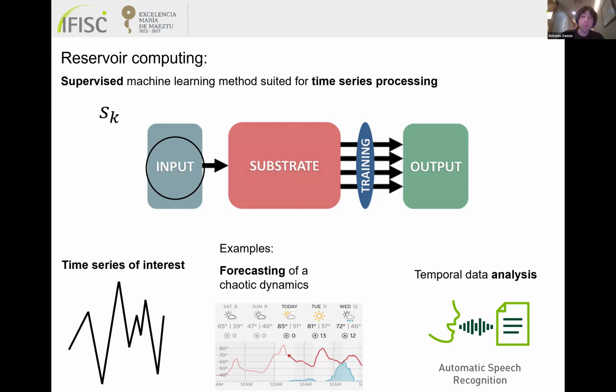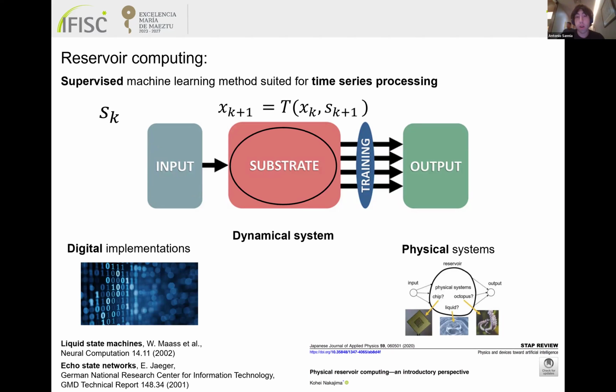Now we go to the substrate. It is what we call the reservoir. In the most general case, the reservoir is a dynamical system. So we have a dynamical system whose state I indicate here with x_k, and it is evolving according to the values of the time series that we are studying.